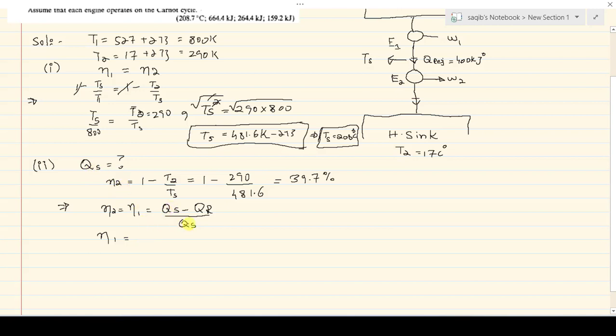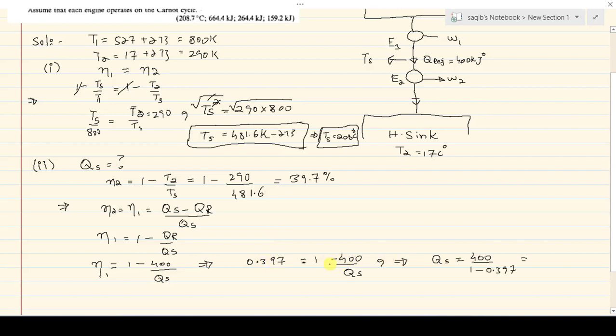So this Qs will cancel out and it will become 1 minus Q rejected divided by Q supplied. Now the efficiency is 1 minus Q rejected, which is given as 400, divided by Q supplied, which we have to calculate, and the efficiency is 39.7%, so 0.397 in numerical value.